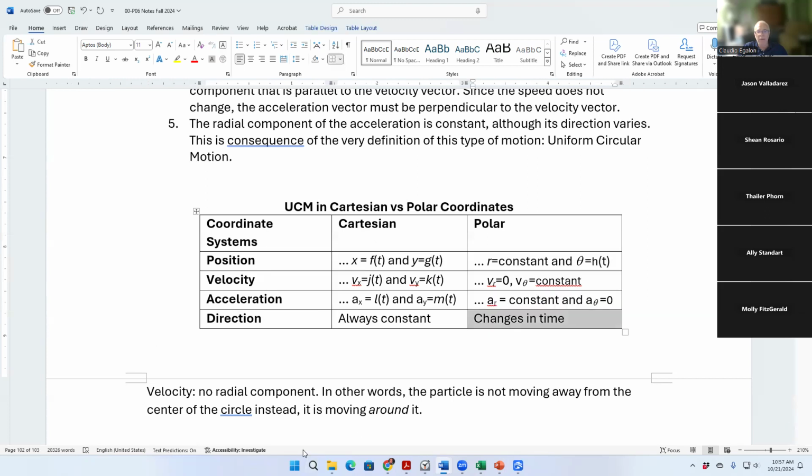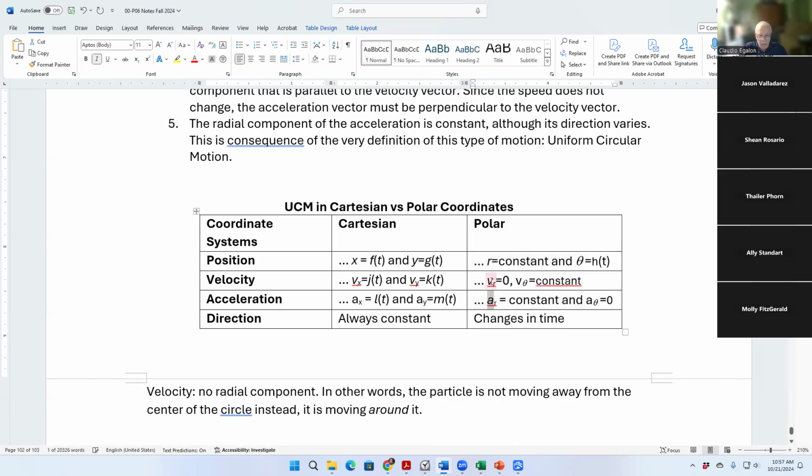In the polar coordinate system, the r hat and theta hat are going to change. So that's the only difficulty we find here in the polar coordinate system. That's the only disadvantage of the polar coordinate system compared to the Cartesian coordinate system. Everything else here is an advantage.